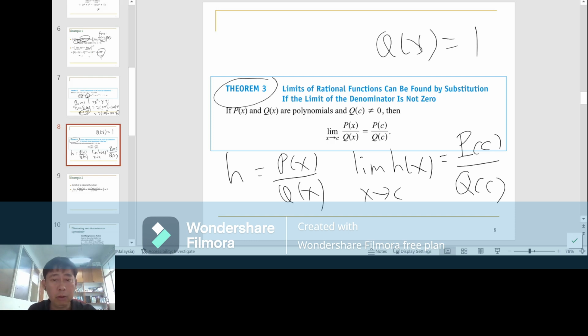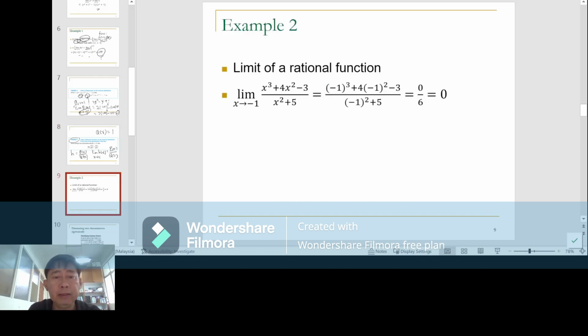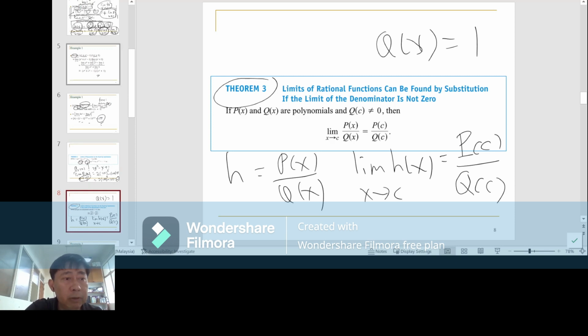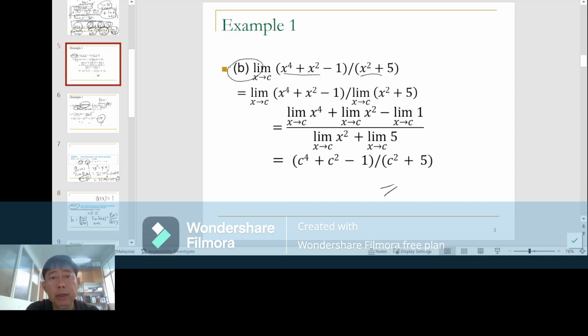So here also it's kind of handy. It allows you to work out, say for example, the limit of this function straightforwardly. If you do not have theorem number 3, this is what you have to do, right? So in example B, this is a rational function. To work out the limit, you have to break it down into the ratio of two functions, and you evaluate the limit of the first term, second term, third term, and add it up.